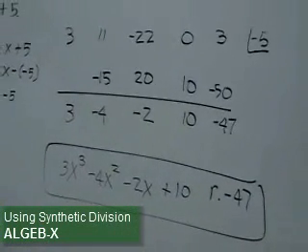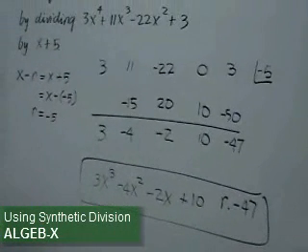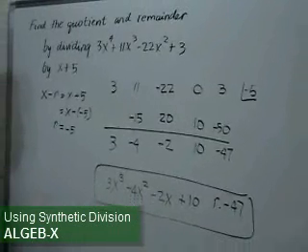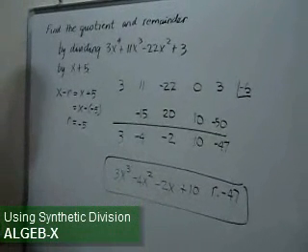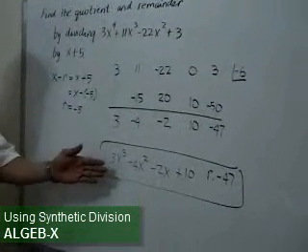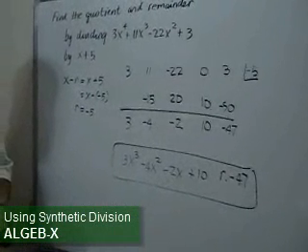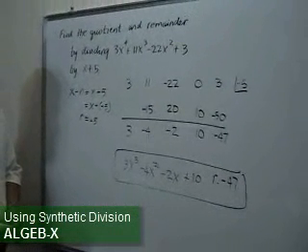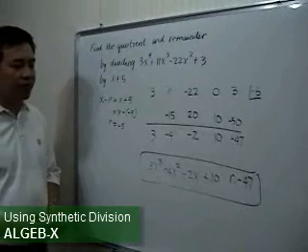So the result, when you divide 3x to the 4th plus 11x cubed minus 22x squared plus 3 by the binomial x plus 5 is 3x cubed minus 4x squared minus 2x plus 10, remainder negative 47.